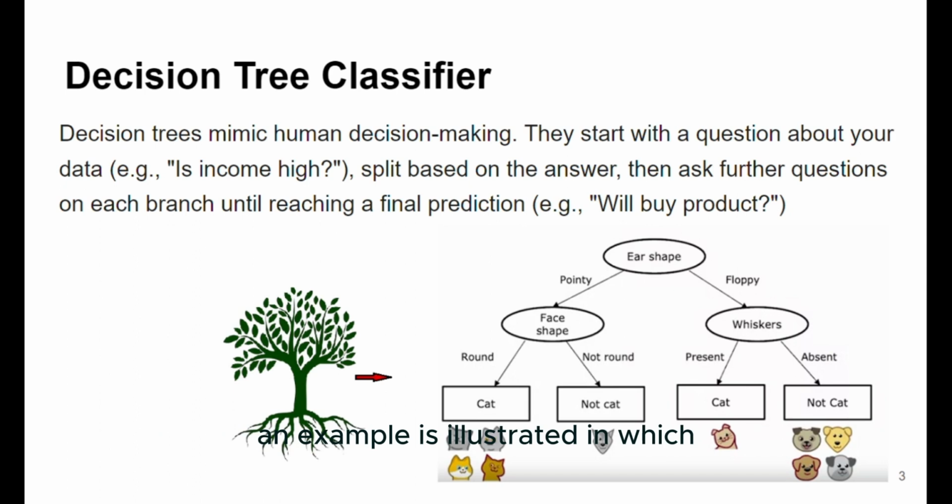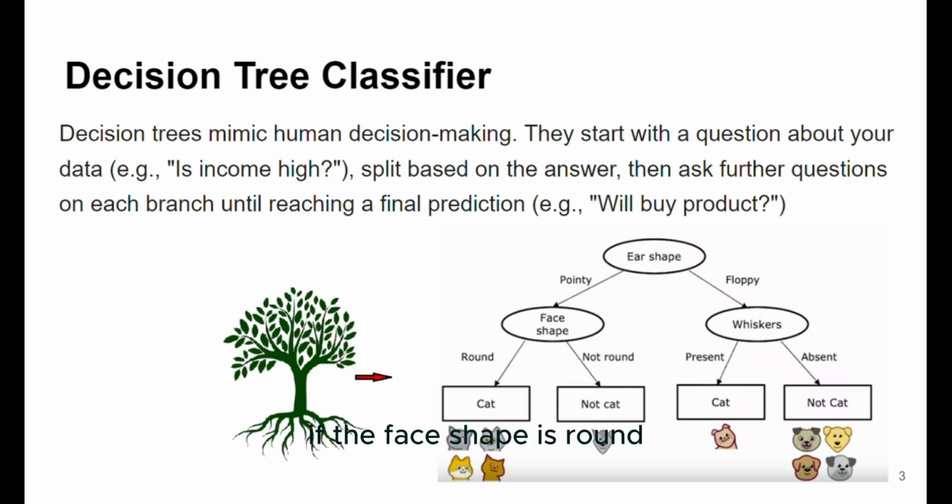An example is illustrated in which a cat and a not-cat picture is defined, based on attributes. As the root attribute, the ear shape attribute is taken. If the ear shape is pointy, the algorithm checks another branch, the shoot node, you can say. That would be face shape.